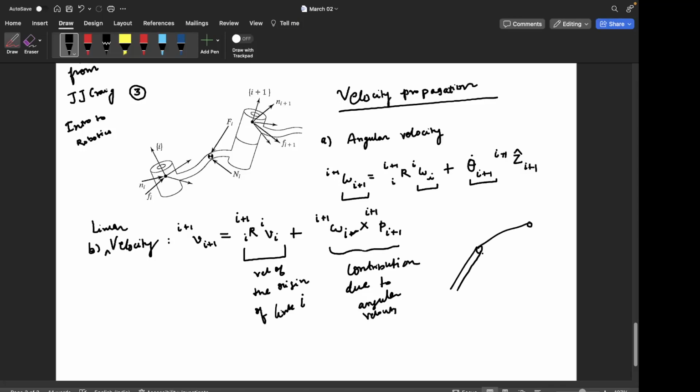So the scenario would be something like this, that here is the ith frame, here is the I plus 1th frame, right?